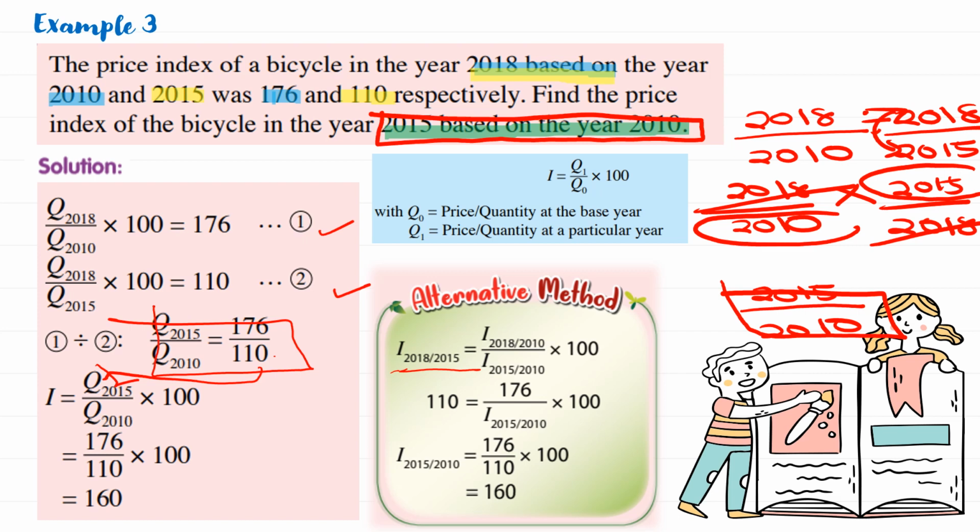Substitute the values to find the price index for 2015 based on 2010. Change the position and so on, and you will get the same answer, which is 160.